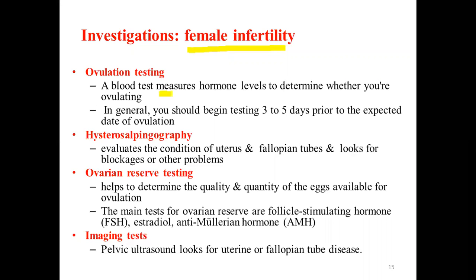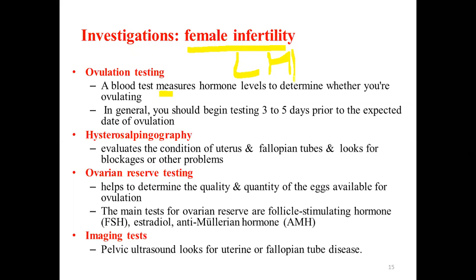to determine whether a lady is ovulating or not. Most of the time, toward the ovulation time, there is a luteinizing hormone surge. So the urine test is just like a pregnancy test. We are going to assess whether it is positive or not for the luteinizing hormone surge. If it is positive, it means the mother is most likely ovulating. So this is to assess whether the mother is able to ovulate or not.